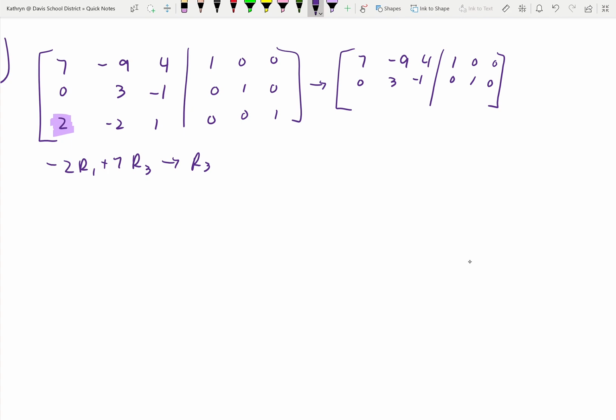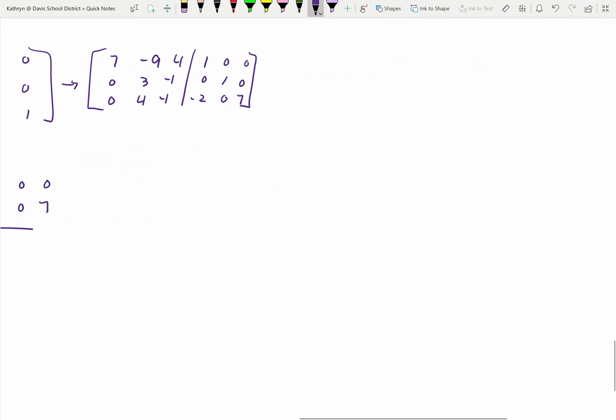Multiply -2 across the top, -14, 18, -8, -2, 0, 0. 7 across the bottom, 14, -14, 7, 0, 0, 7. Add those together and I get 0, 4, -1, -2, 0, and 7.